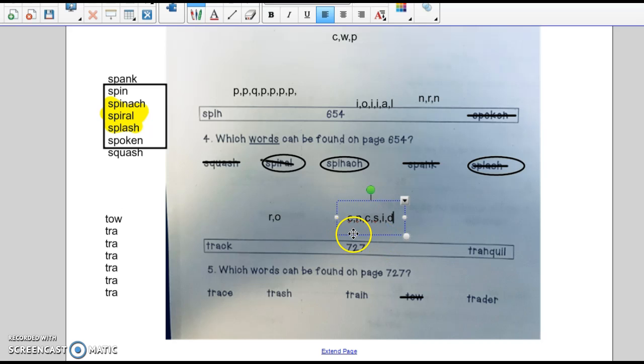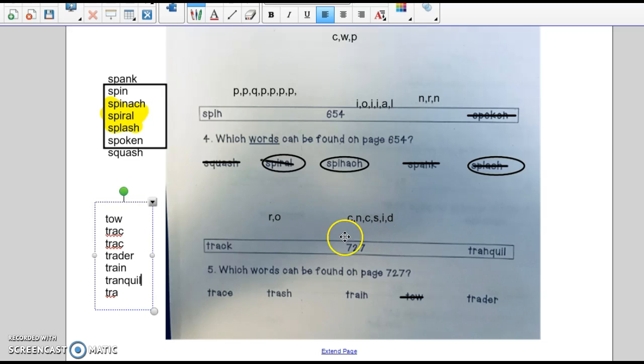So basically what comes first from those, our C's come first. We have 2 of them, right? Then D, so I know trader goes there. A, B, C, D, E, F, G, H, I. Train goes there. J, K, L, M, N. So tranquil goes there.